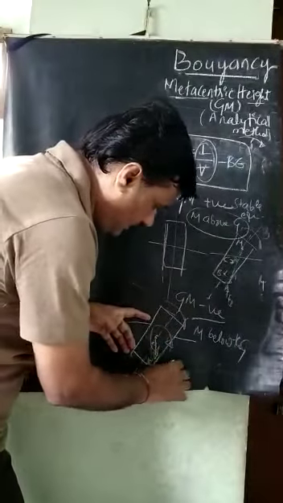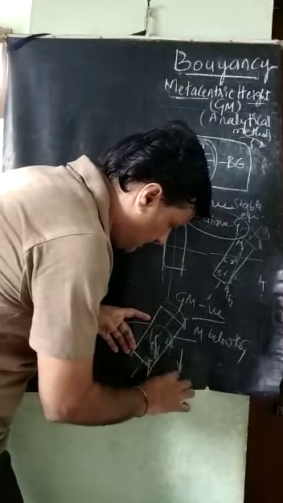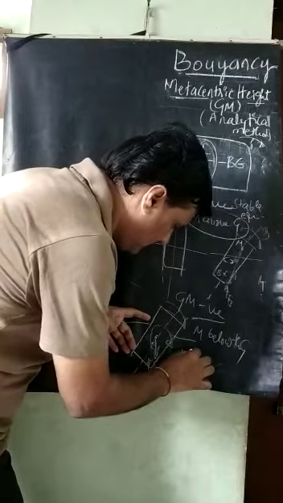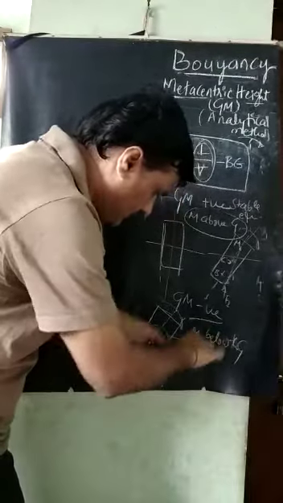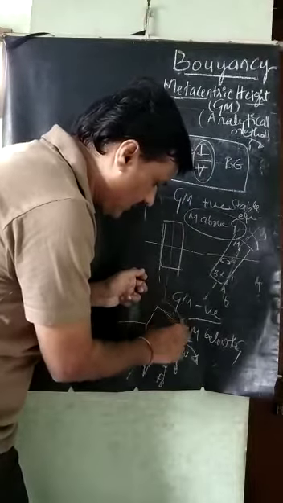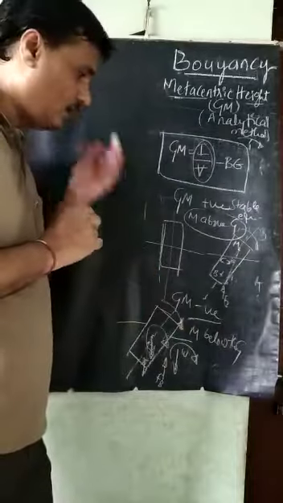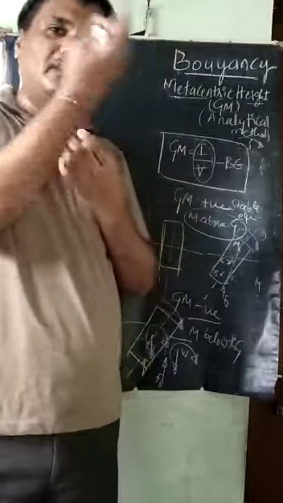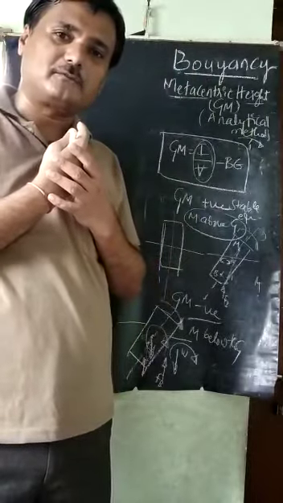The W is acting like this, and this is FB. This is the W here. The couple created by this is in the clockwise direction, and the disturbance is also in the clockwise direction. Then what happens? The body will not return back to its vertical axis.